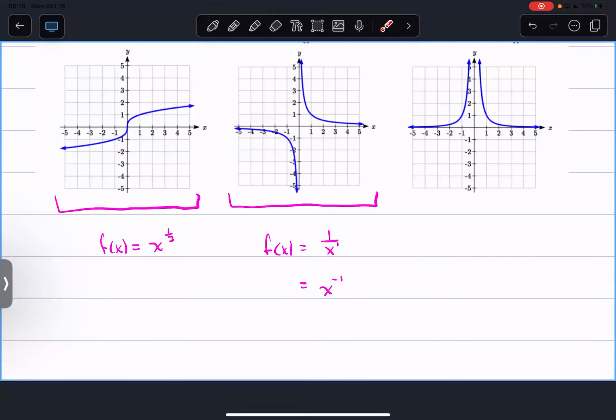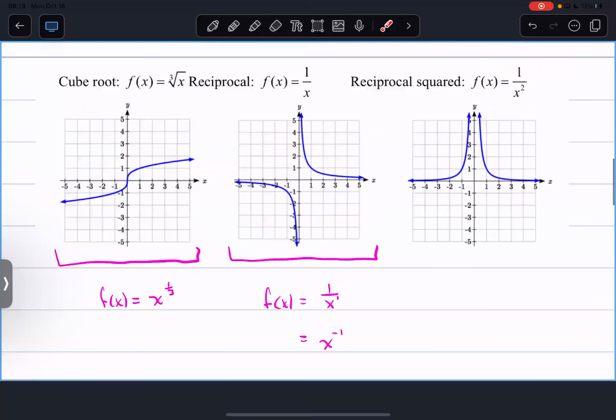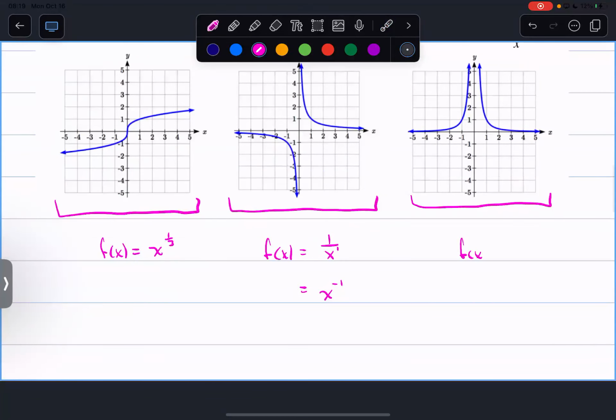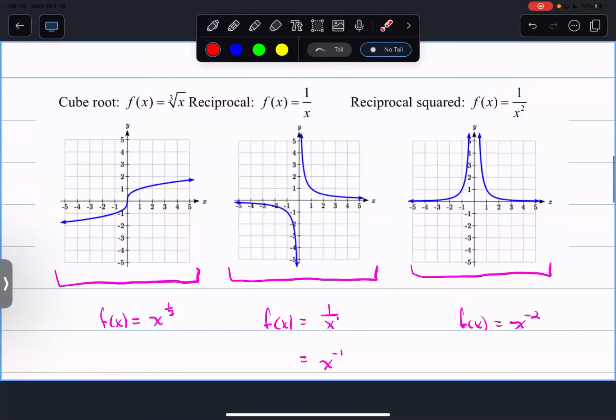Bring it upstairs. Same thing, right? 1 over x squared, I can rewrite as just x to the power of negative 2. It's nice when you can see the power, right? But you get used to just recognizing that x is really just x to the power of 1, right?